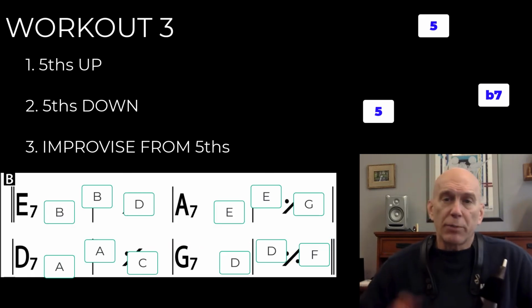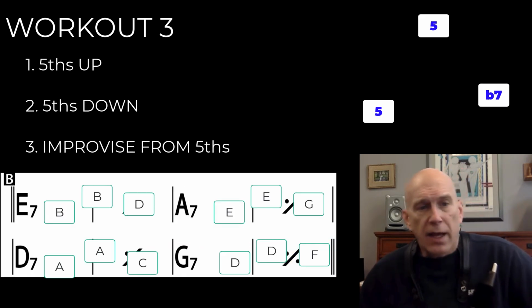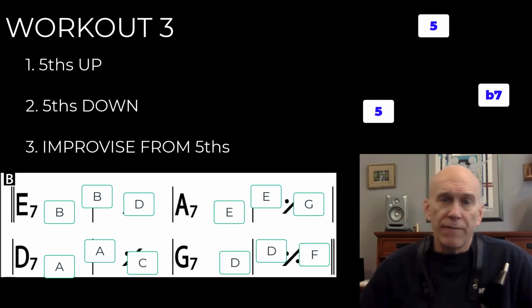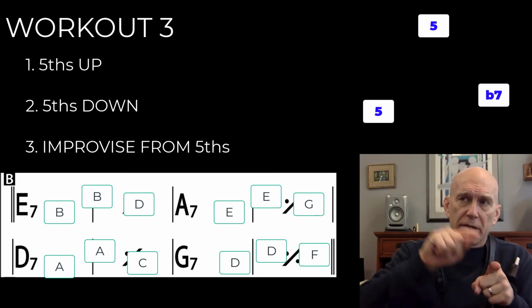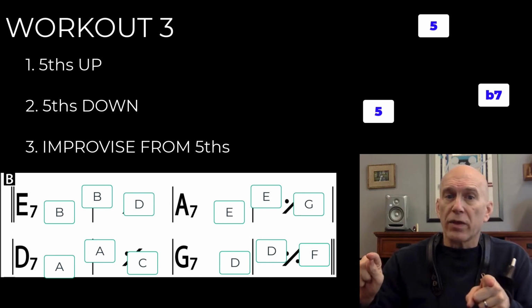Okay, so let's move on to part 3 of this workout, and it is going to be starting on the 5th. We play from the 5th to the 5th, and then we end on the flat 7.